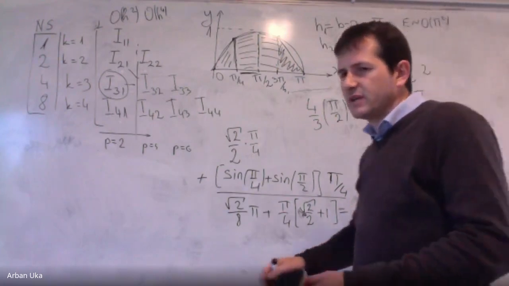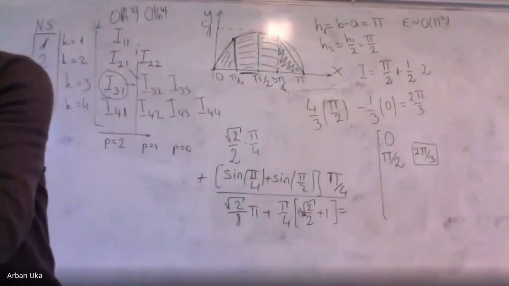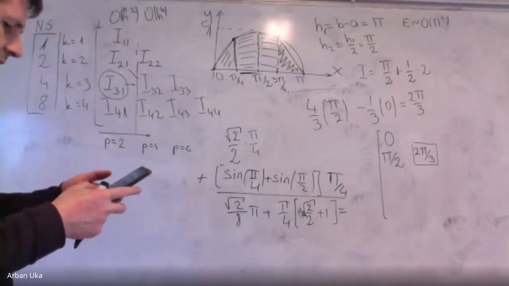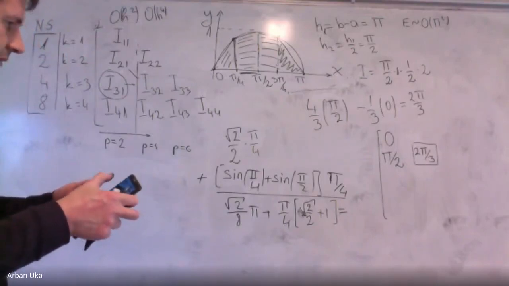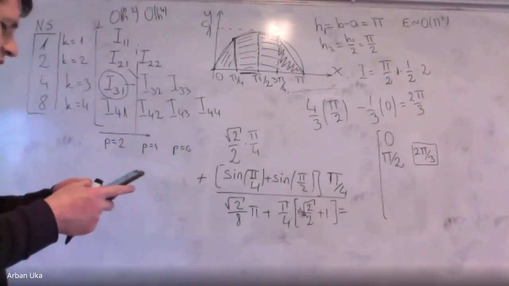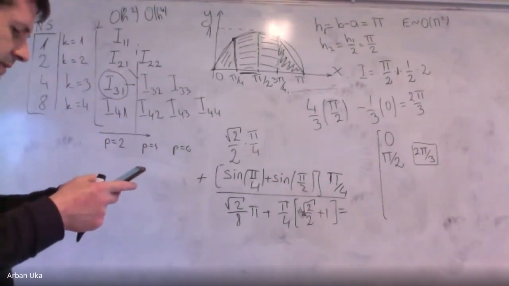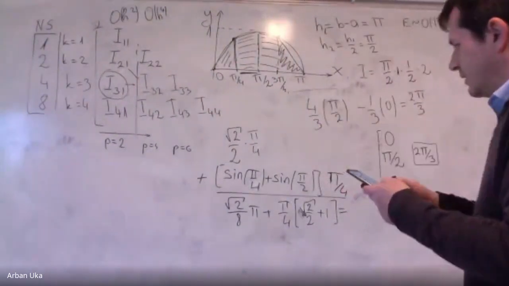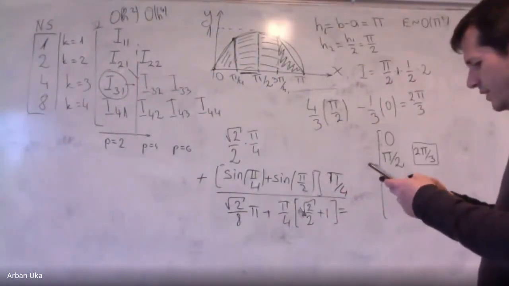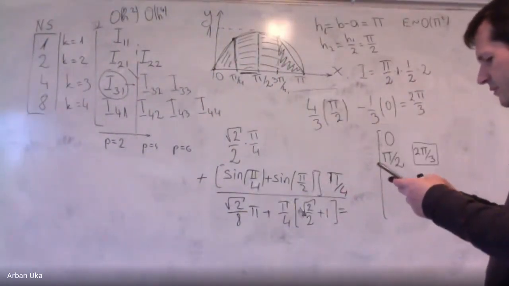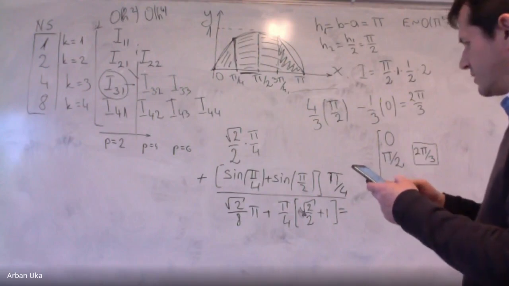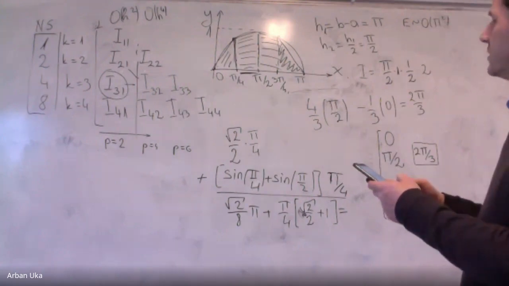Okay, so the final answer here is going to be square root of 2 times 3.14 divided by 8. I get a crazy number, is it correct?